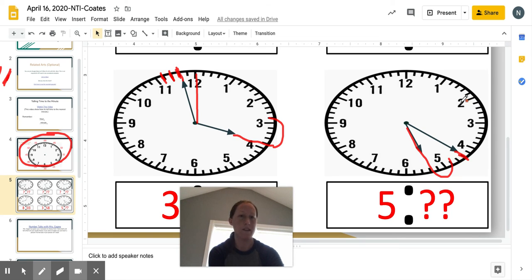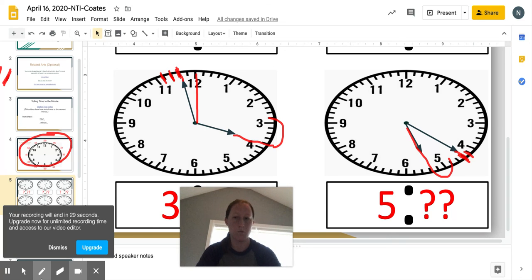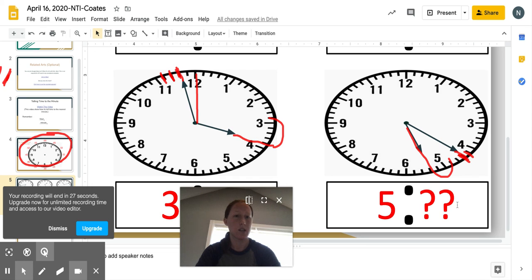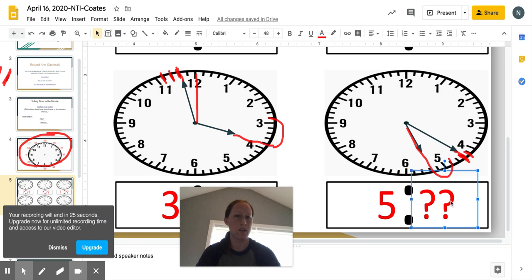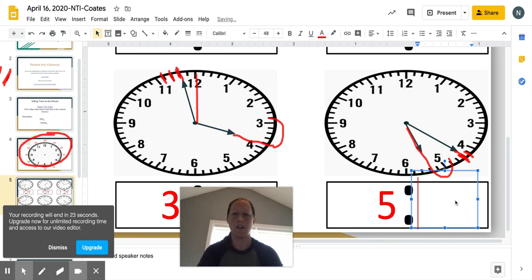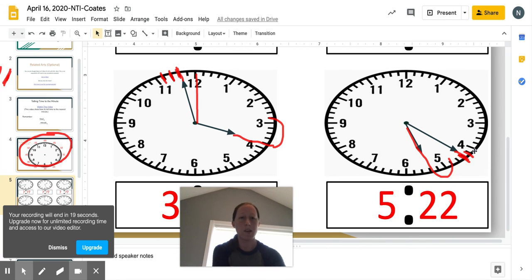So 5, 10, 15, 20. Then I have to count it by 1s. So this is 20, 21, 22. So it is 5:22.